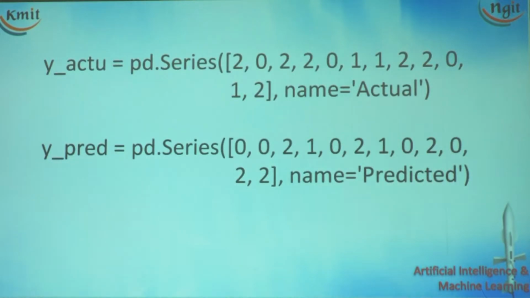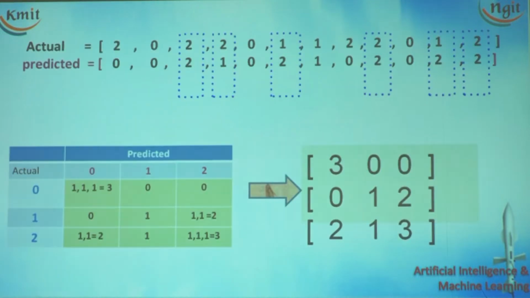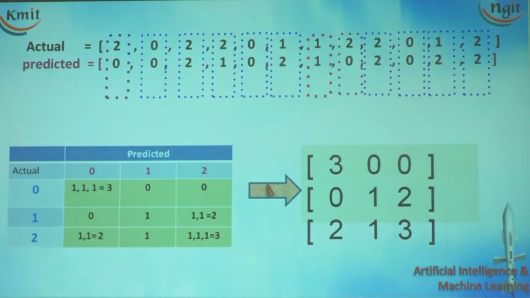Now see here, all these are the same. These are the actual values, these are the predicted values. I think this is the correct way. Now you can observe, 2 is predicted as 0, and here also 2 is predicted as 0.